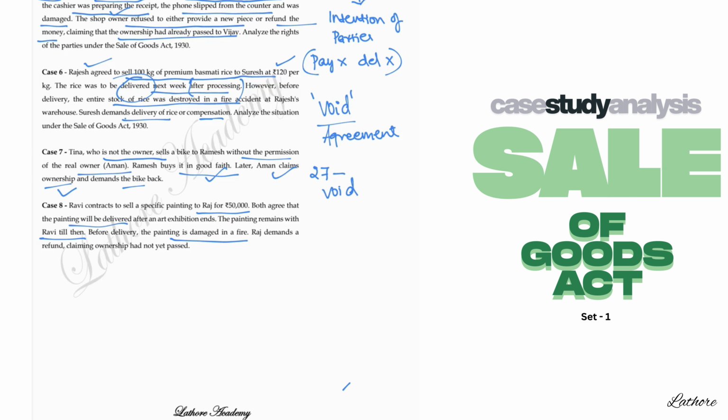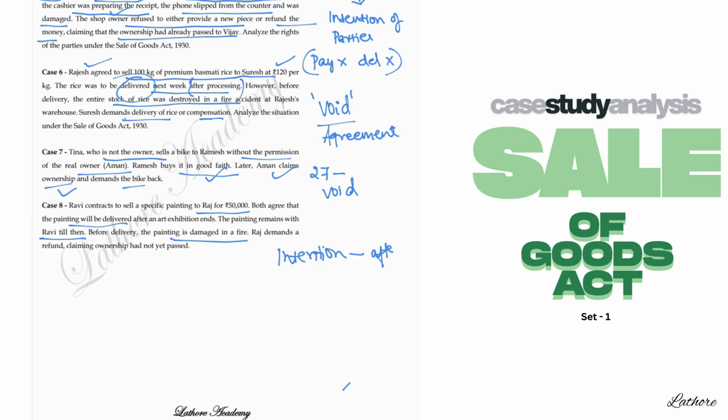With respect to specific goods, the ownership transfers at the time the parties intend it to be transferred. The intention can be inferred from the contract terms, the conduct of the parties and the circumstances. In this case, it is clearly evident that the parties have identified the painting, the specific goods, and both intended to transfer the ownership after the exhibition.